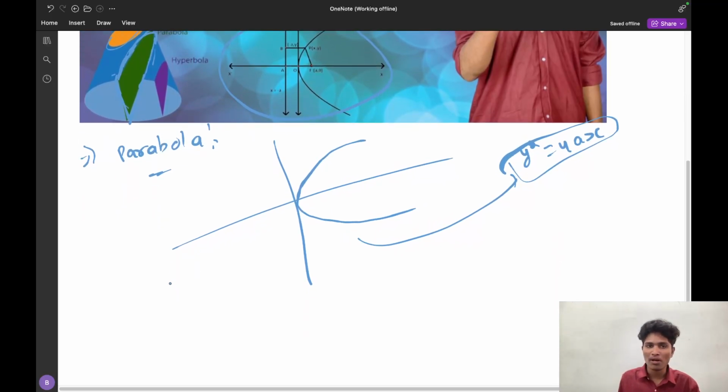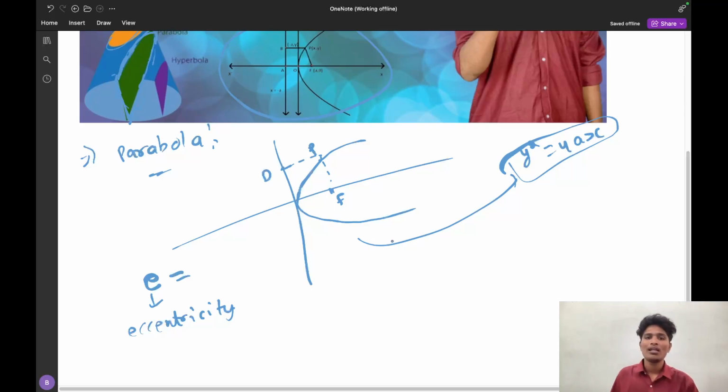But actually, what is a parabola? In parabola, ellipse and hyperbola, we will discuss one concept called eccentricity, e. Suppose this is a focus. I will explain what the focus is. Suppose there is a point P, and this point we can take as D. If we join both PD and PF, their ratio, that is the distance from a fixed line to a fixed point, is the eccentricity, e equal to PD divided by PF.